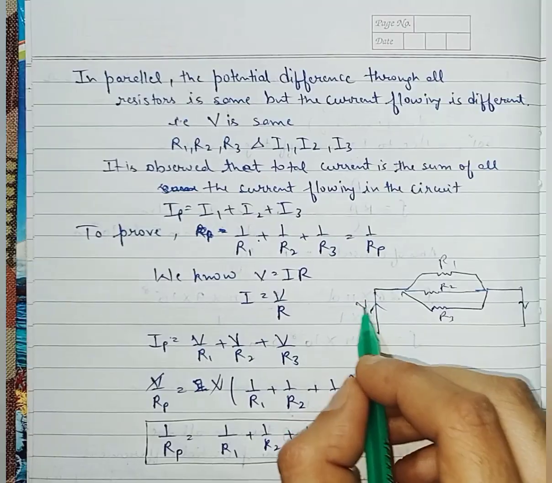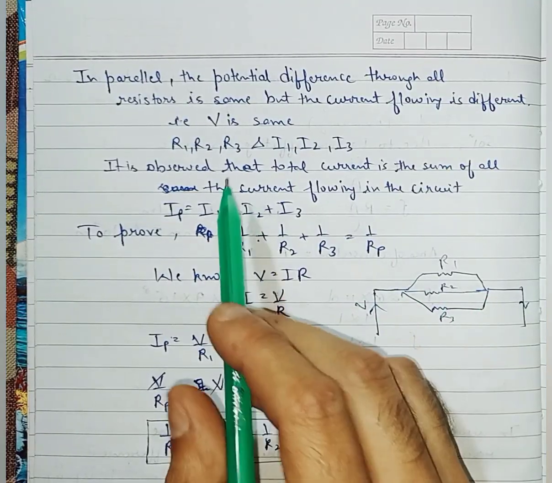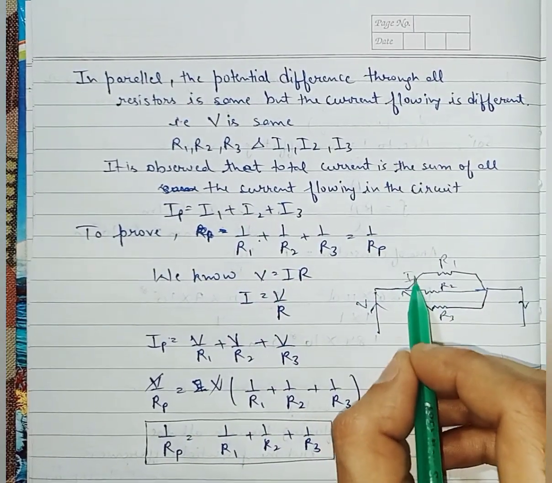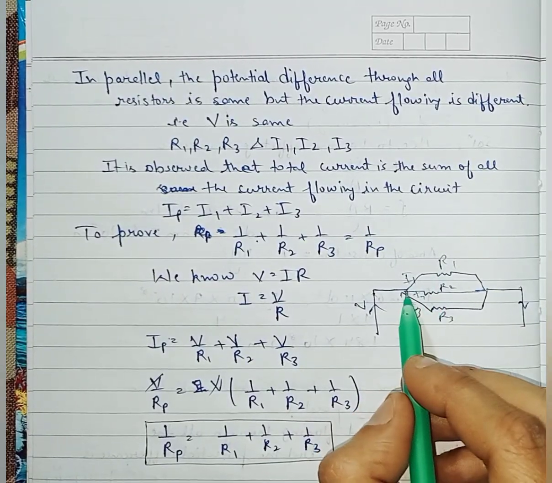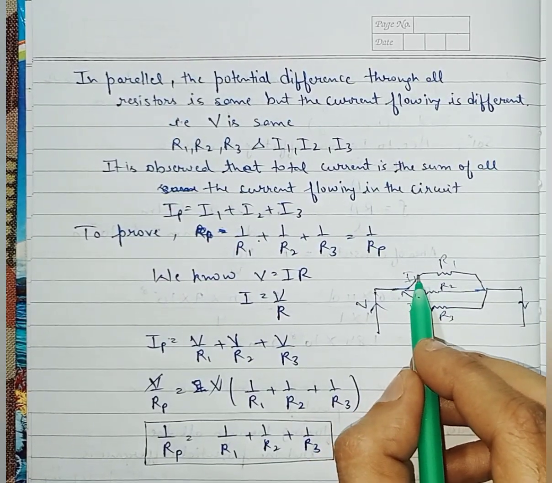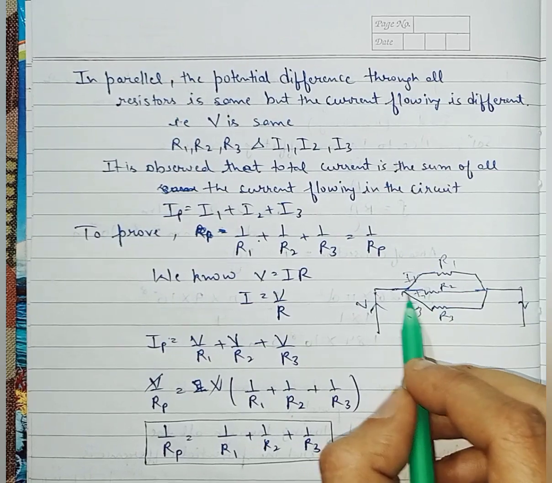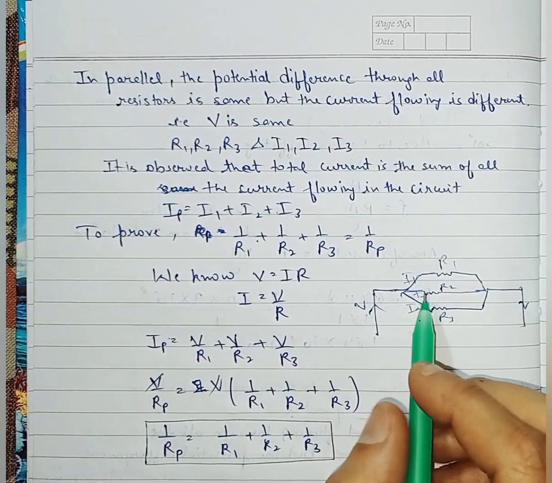So the potential difference V across all the resistors is the same, and the currents I1, I2, I3 are different, because the current will flow into R1, R2, and R3 separately. So the current is different.